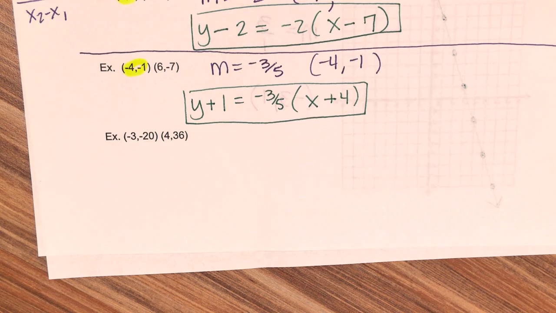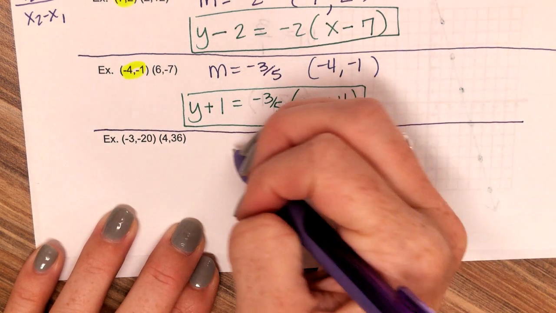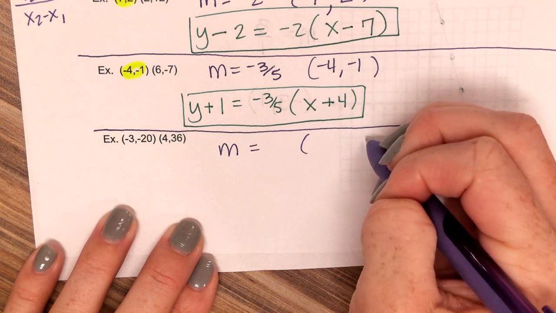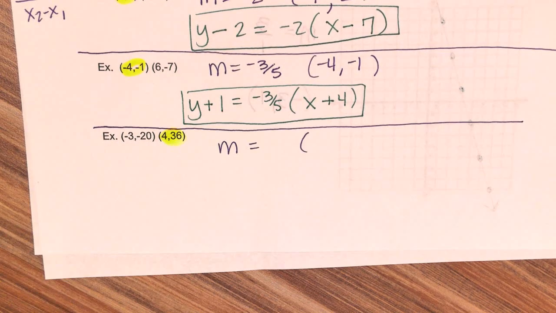You need the slope first. Let's go ahead and pick our coordinate so it's all the same. Which coordinate do y'all want to do? 4, 6, because they're both positive? Okay.